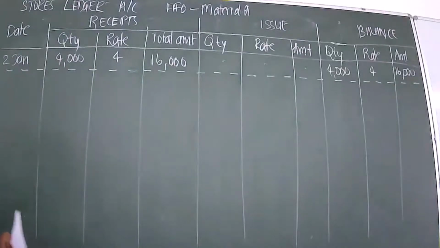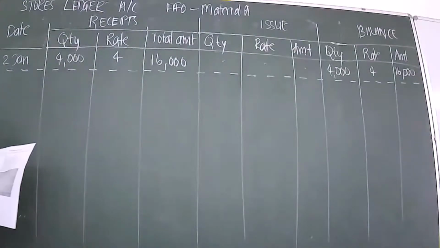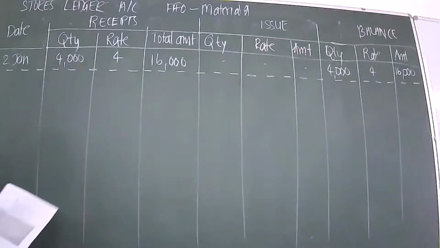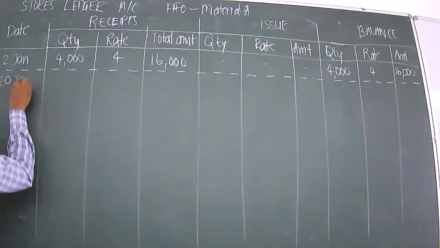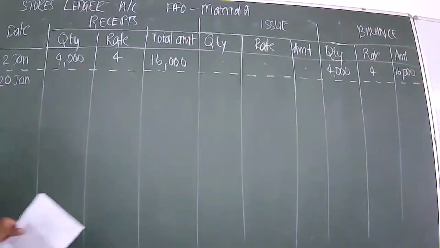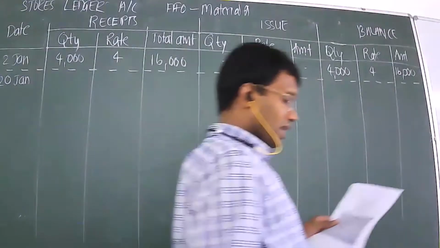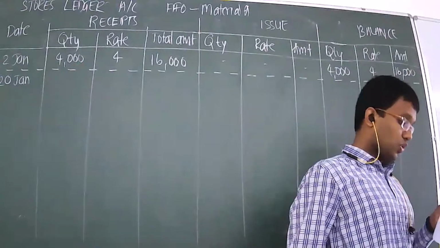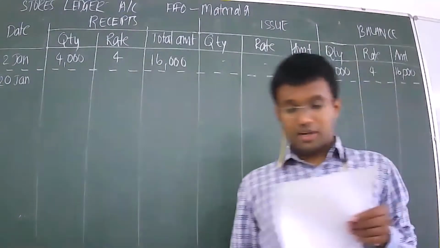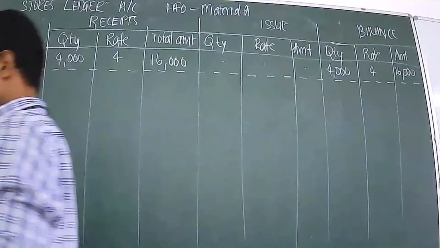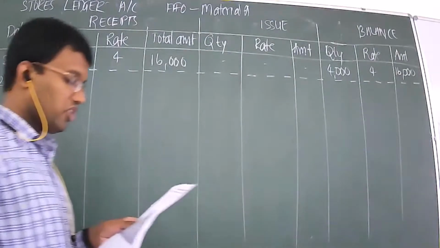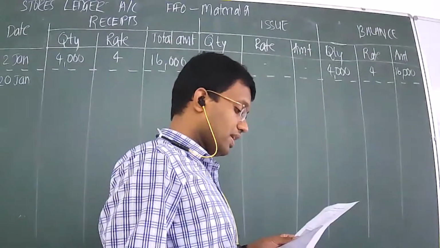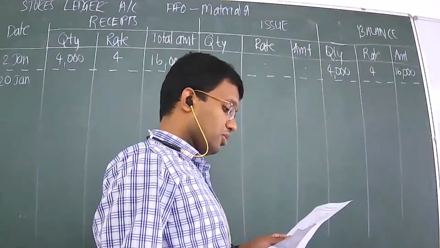Now let's move on to the next date. The next time that you're having another transaction is 20th of Jan. On 20th of Jan, the question tells us that your firm has made again a purchase of 500 units.